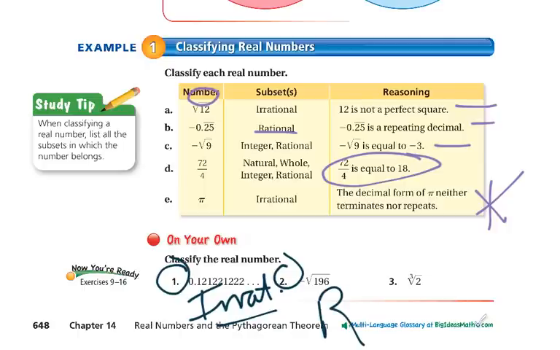It's rational because it is a square root, the square root of 196 equals 14, and the negative in front just makes it a negative 14, so that is rational. And then number 3, the cubed root of 2, if you entered that in your calculator, that again is irrational because it is not a perfect cube. 2 is not a perfect square or a perfect cube, so therefore it is going to be considered irrational.